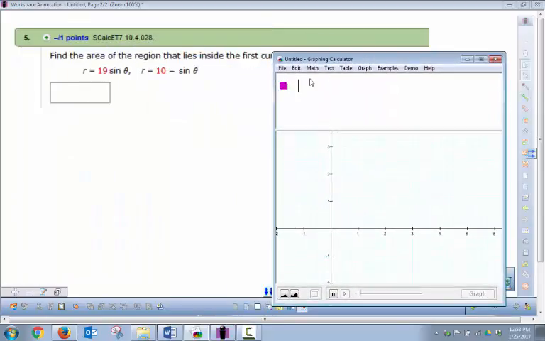So we have to assume that this thing is either going to intersect or is really going to be a circle within a circle. So it might be good to graph how this thing is going to look. And with large numbers like 19 and 10, there might be some big shifting happening, so you should be prepared to adjust your window.